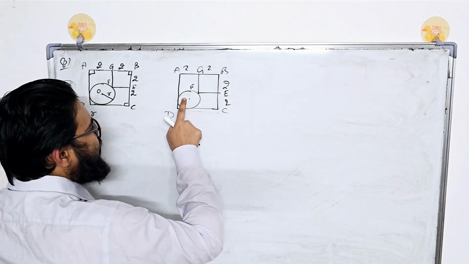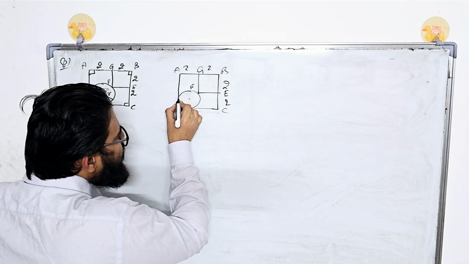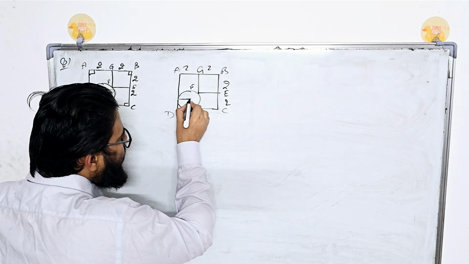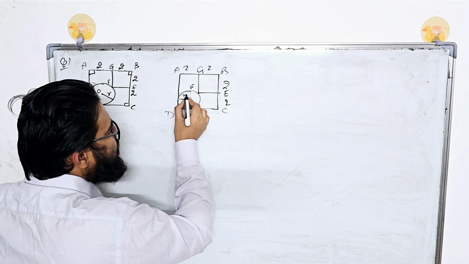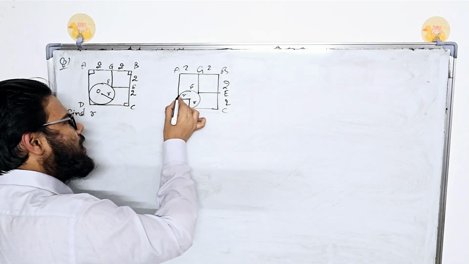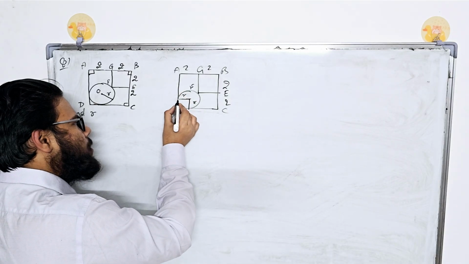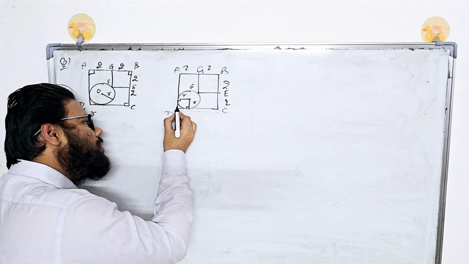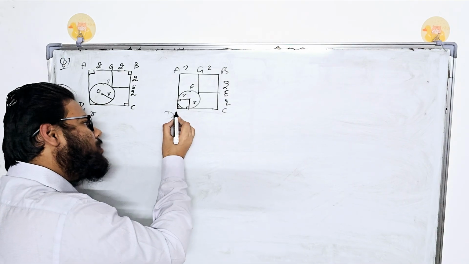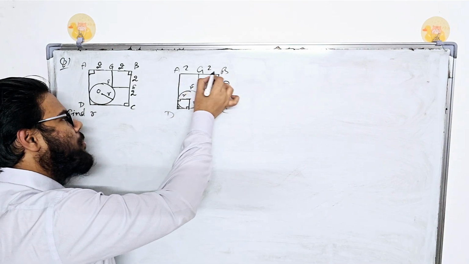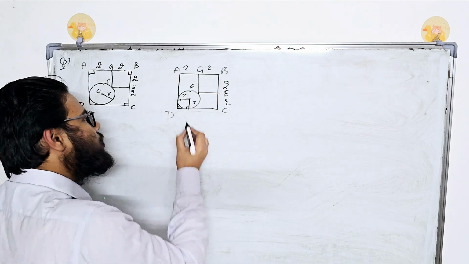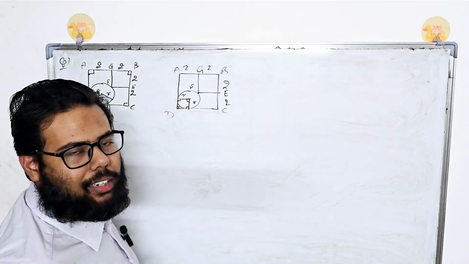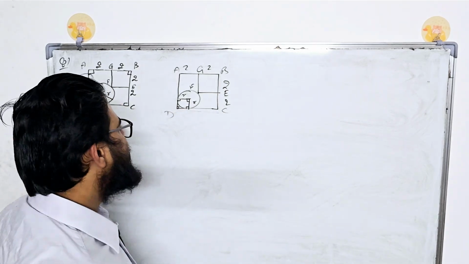So what you can do is draw this radius and this radius. Notice that this is a tangent to the circle, so it will be 90 degrees, and this will also be 90 degrees, correct? And since ABCD is a square, this angle will also be a right angle, that is 90 degrees.